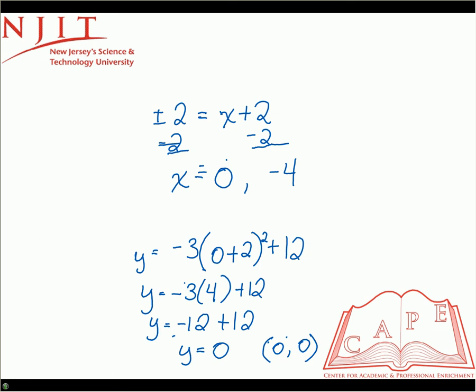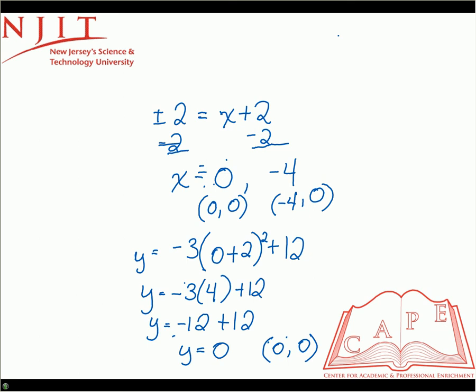And then I'll write up here in the corner, if you were to plug in x 0 and x for negative 4, this is also 0, 0. And then this would be negative 4, 0. So actually 0, 0, which is the origin of the parabola, acts as both an x-intercept and a y-intercept because the parabola crosses through the origin. And the origin is naturally a part of both axes.